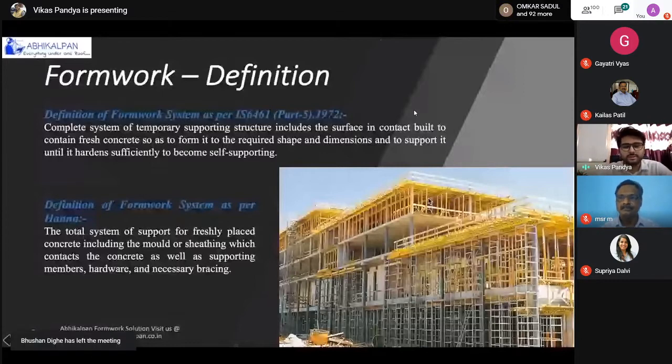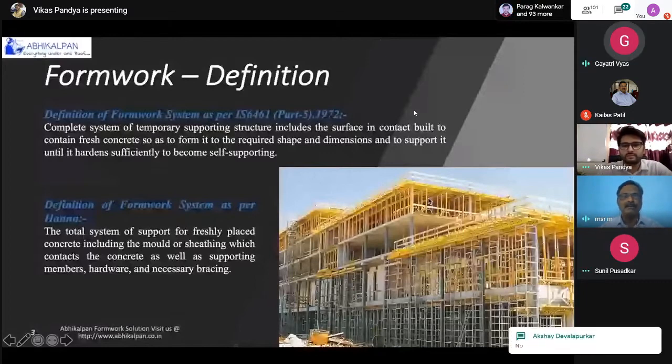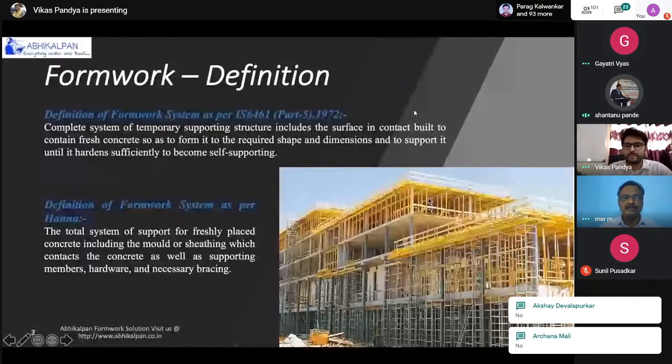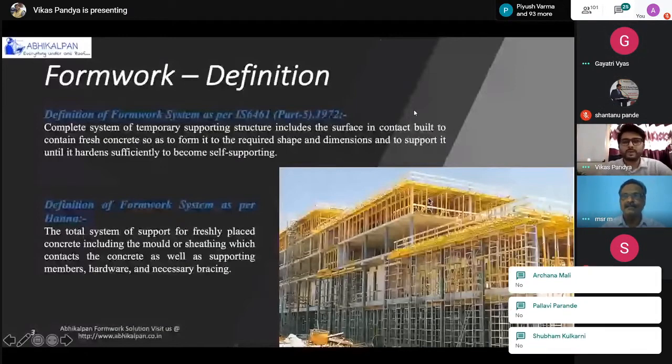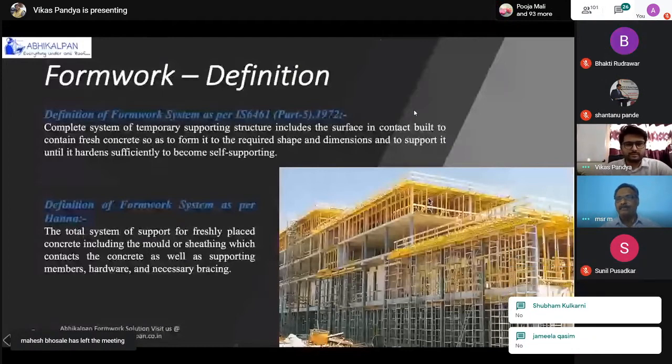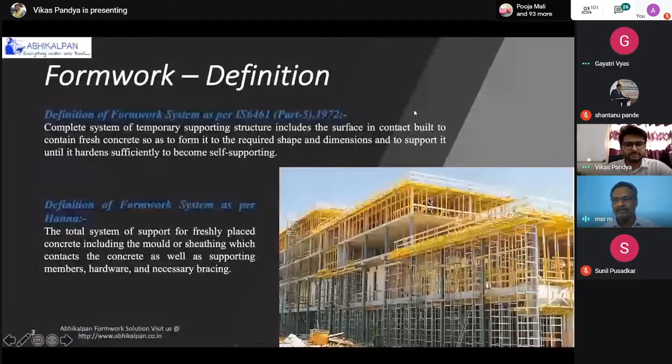Now is it visible? Not yet. Rest of the participants, Gayatri madam. No, it is not visible. Madam, can you show the first slide only? Yeah, the first slide, formwork definition, is seen, and the changed ones are not seen. Just go some more slides.